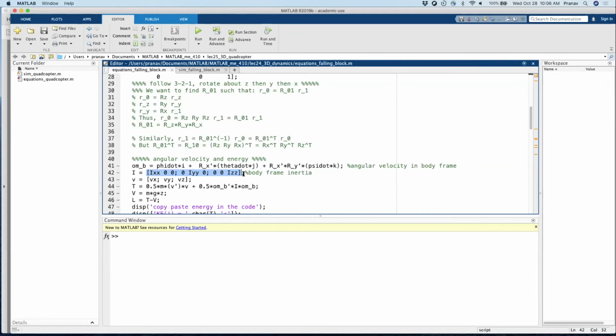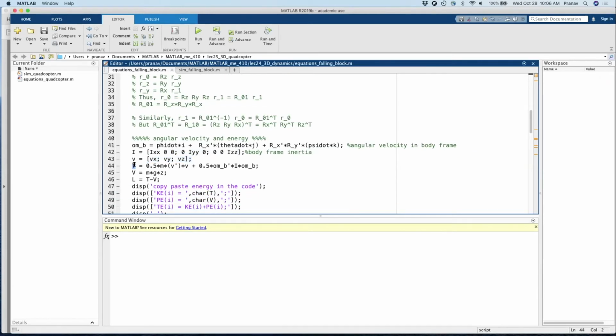If you have CAD software, then the CAD software will tell you what the inertias are, so you can plug that in from whatever CAD software you're using to model the system. And then, of course, there's the kinetic energy, which consists of two parts, the linear part and the part due to angular speeds, or rotational kinetic energy. I like to write it this way, but if you want to write it as Vx squared plus Vy squared, that's fine too.